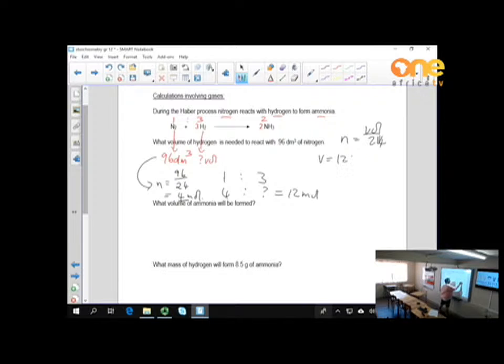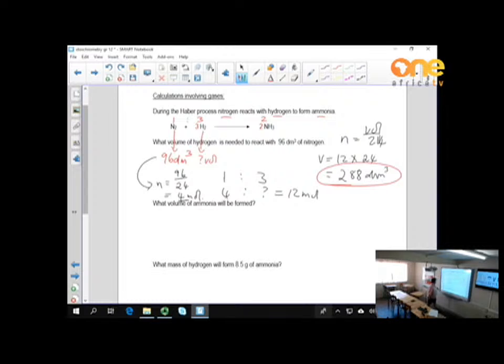So we have 12 moles times 24, and that will give me 288 cubic decimeters. I thought I had a mistake. How much hydrogen? The ratio is 1 to 3, so that is right. Okay, my answer is correct.